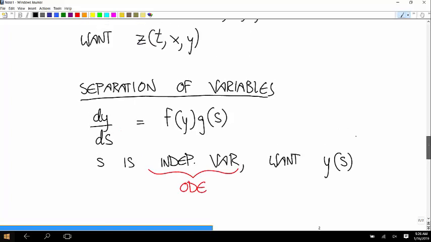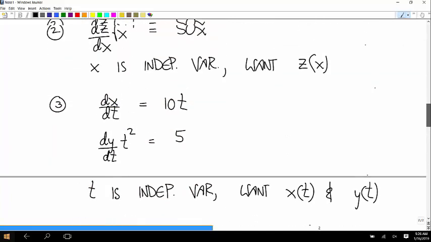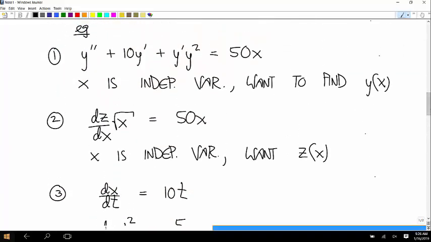Let's look up here above at some of these examples and see if any of these are of that type. Okay, so in this one, the independent variable is x. The dependent variable is y. Can we express this as a derivative?